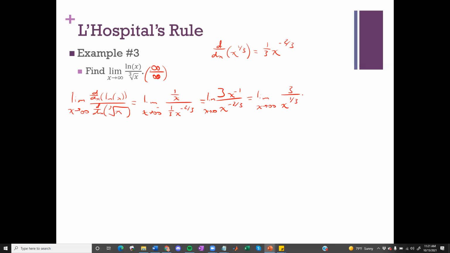All right. Can we talk about the limit from here? Do we need another derivative? What can we do? Question? Your words and probably not your meanings necessarily.